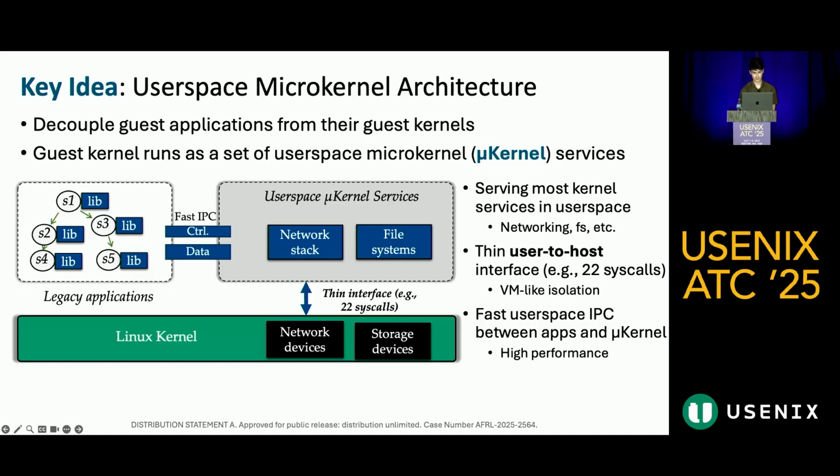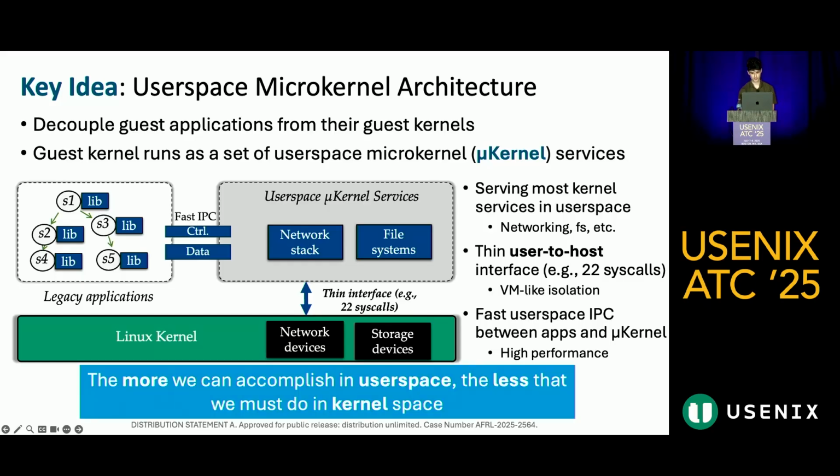Microkernel services can be developed, extended, or replaced independently, making the system more maintainable and adaptable to modern workloads and hardware accelerators. So in short, LITESHIELD combines the security advantages of microkernels with the performance and agility of microservices, all built on top of our new Userspace microkernel architecture. The more we can accomplish in user space, the less we must do in kernel space.